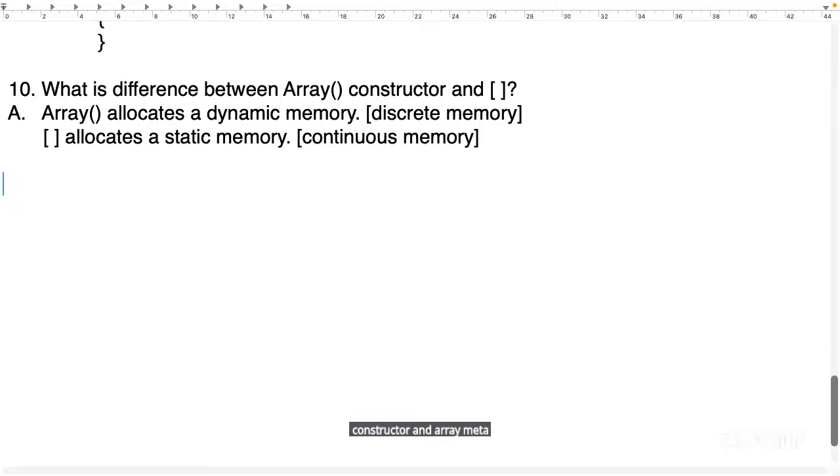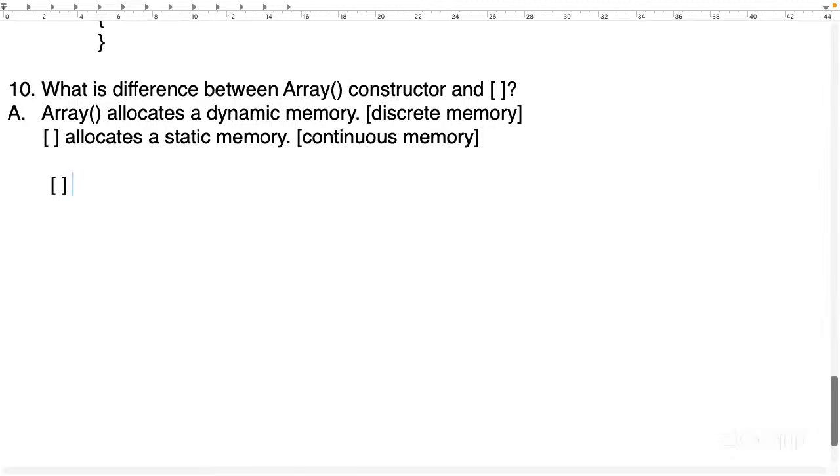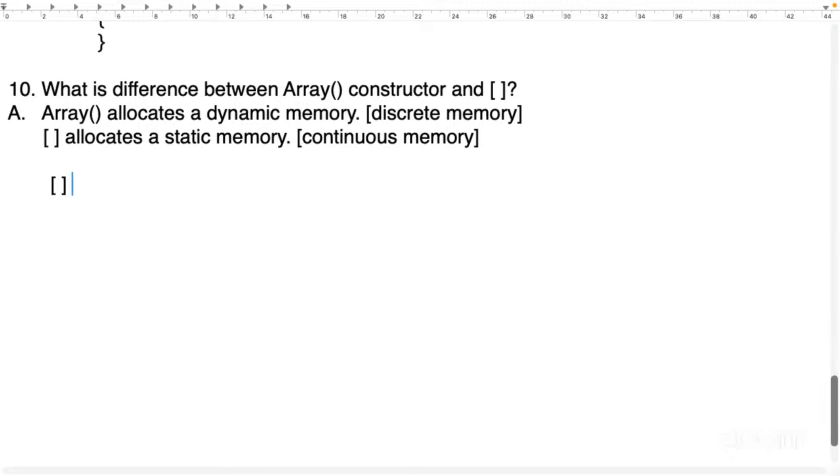So when we have to declare an array using the array meta character, the square brackets, if anyone asks when I should use this meta character to declare an array, how will you answer that?